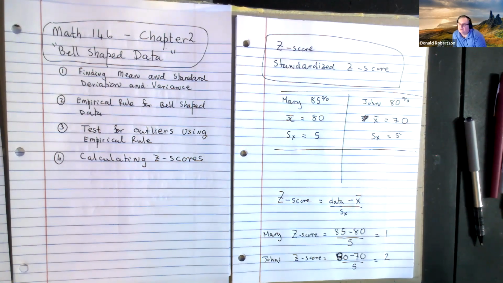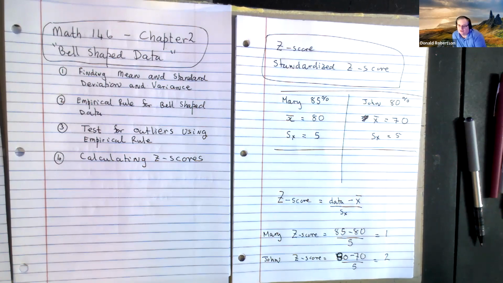And that's how you can standardize things over two different groups so that you essentially eliminate teacher bias, right? So if one teacher is very strict and one isn't, you can standardize their scores.